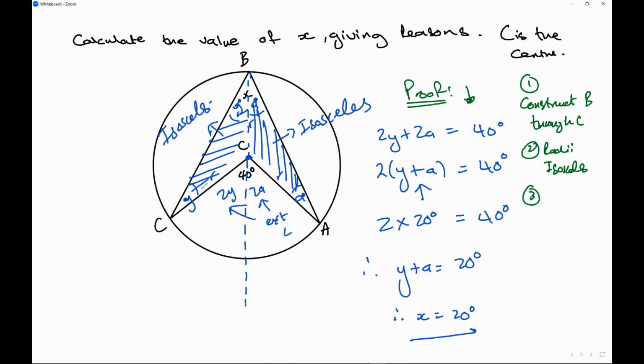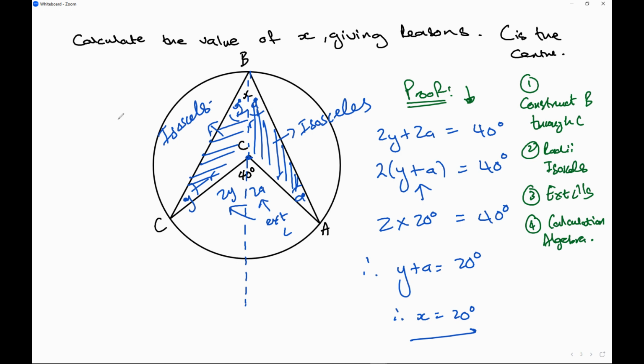And once you see the isosceles triangles and you see the radii being equal, you then look at the exterior angles of the triangle. And then lastly, you just use a calculation like this to prove, a little bit of algebra, factorizing the two and solving for y plus a, which is x.